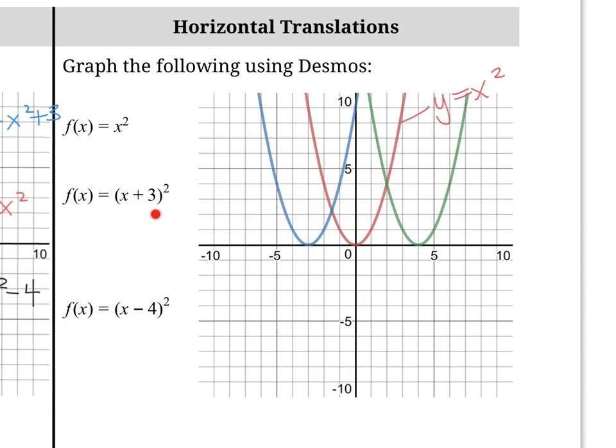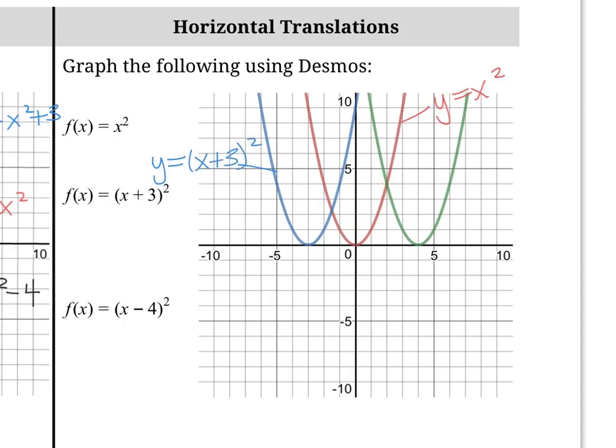And when you graphed y equals x plus 3 all squared, you might have remembered from grade 10 that something funny happens. When we add 3 to this x variable, you'd think we go right, but we're actually going to shift the parabola 3 units to the left. So this blue parabola over here is our y equals x plus 3 all squared parabola.